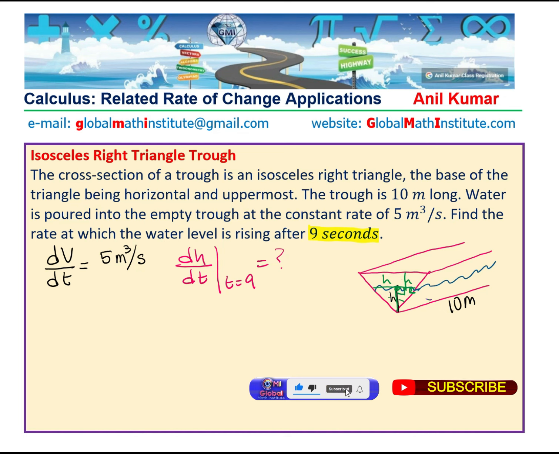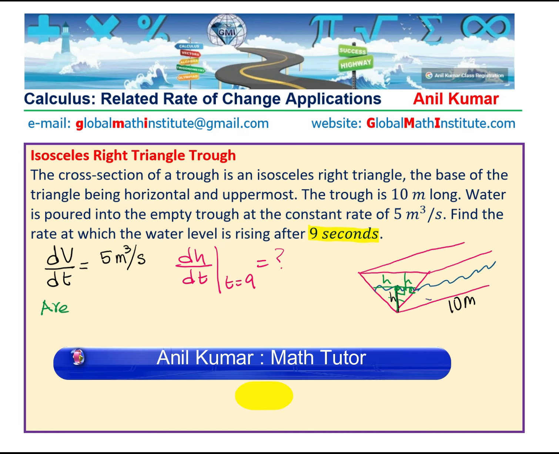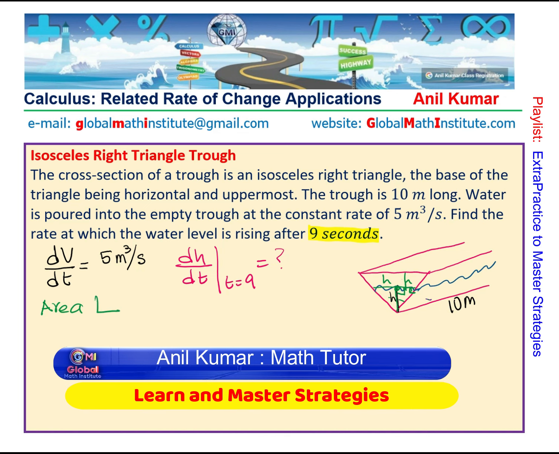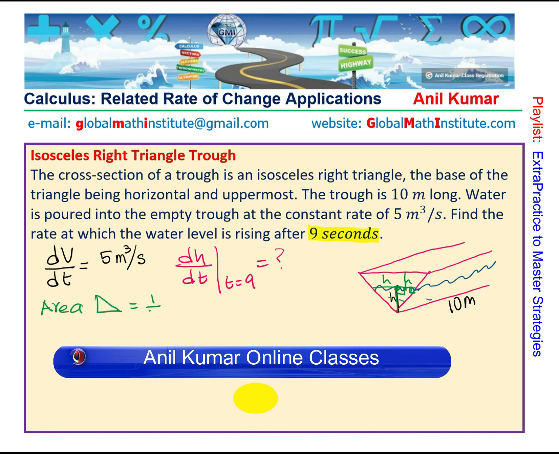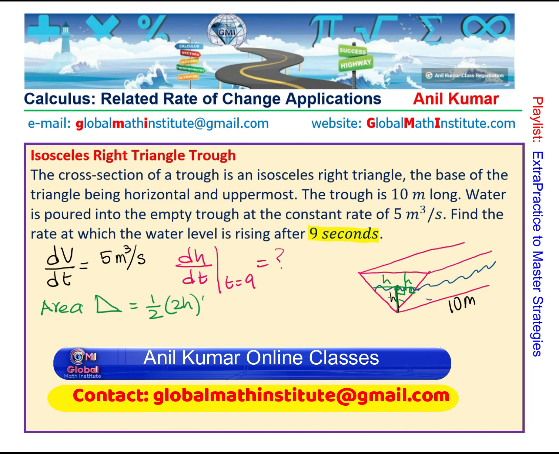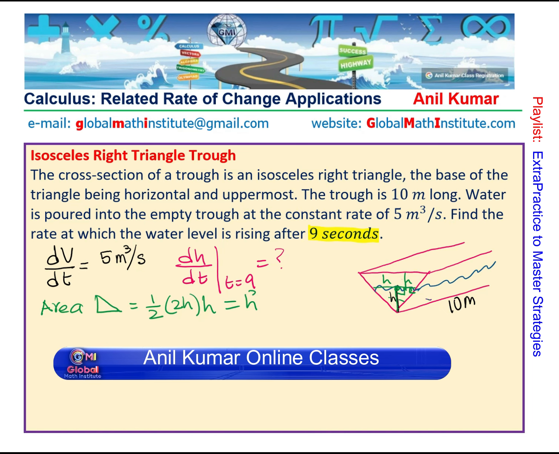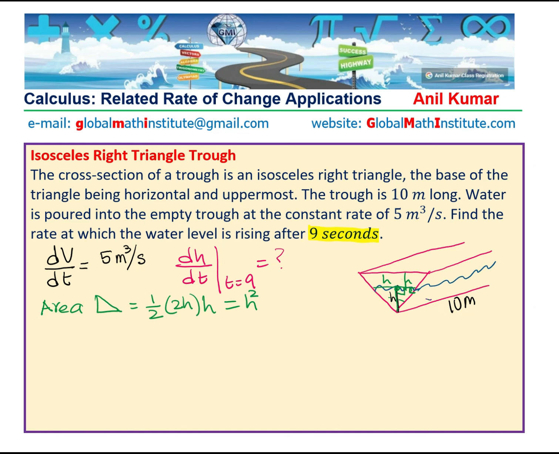So basically, the base of this triangle is 2h and height is h. So area of triangle is what? Half times base 2h times h, which means h square is the area of the triangle. So we can now write down the volume expression which will be area into length. So h square into 10 meters, or 10h square. That becomes the volume of this particular trough.